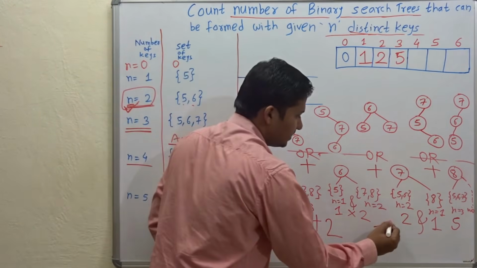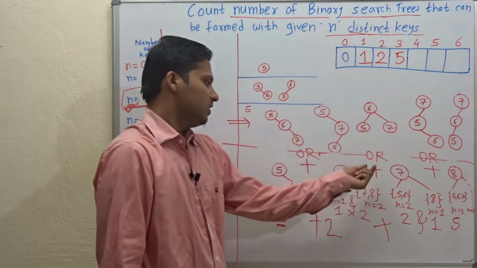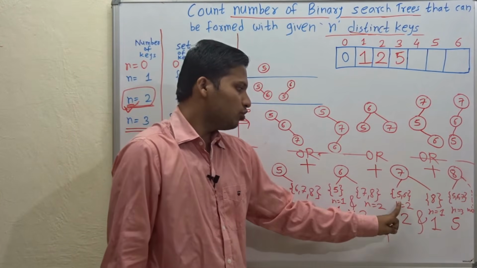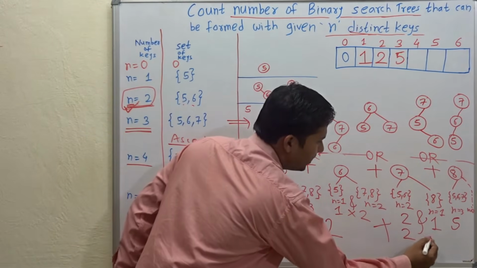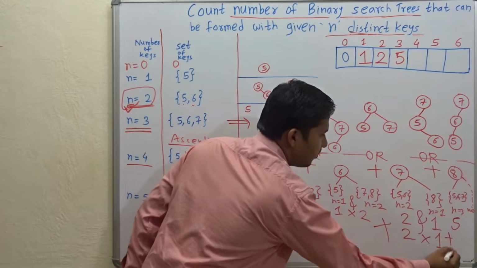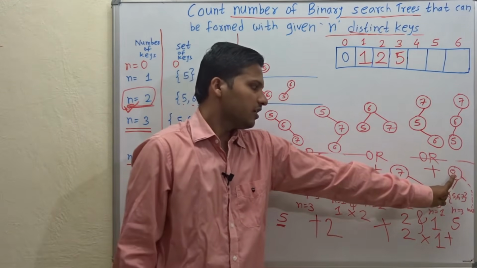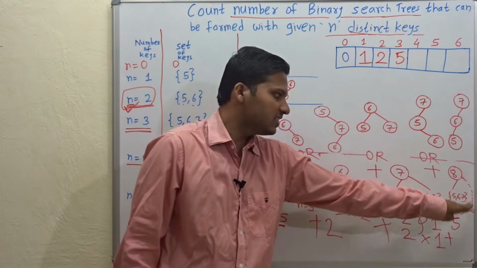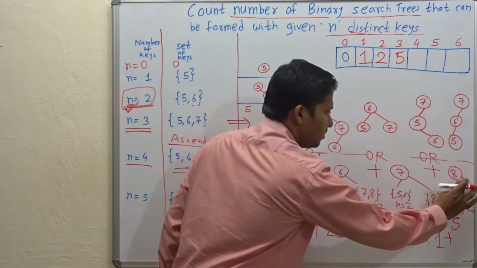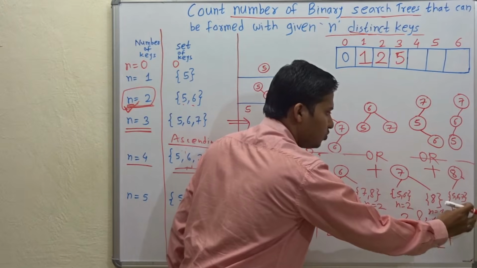Now when 7 is the root, then n equal to 2 on one side and n equal to 1 on the other side. So 2 into 1, plus, see here, when n equal to 3 on the left side and 0 on the other side, there is no possibility for n equal to 0.